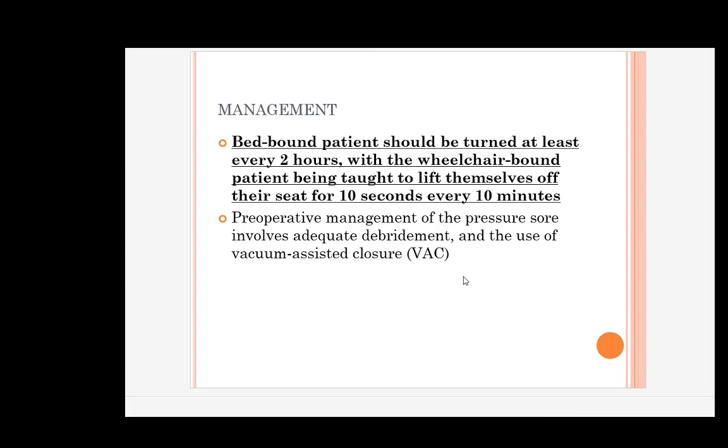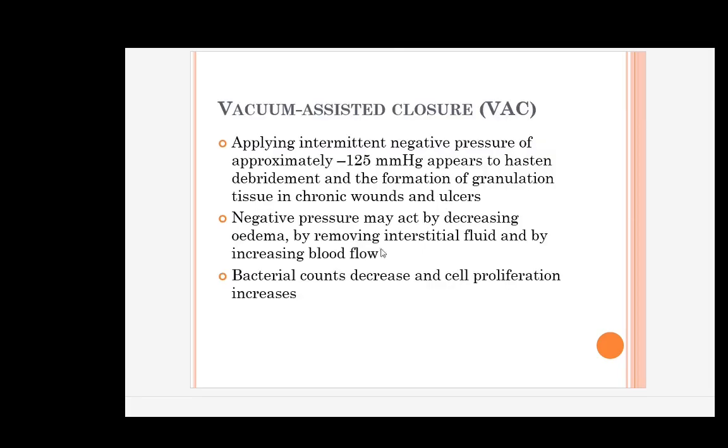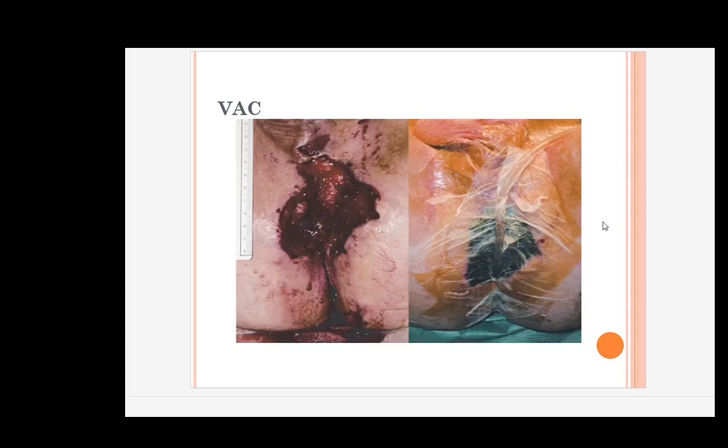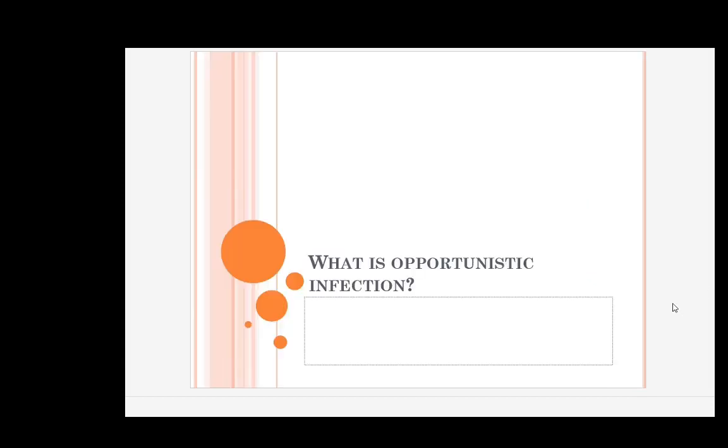So these key things you should write in your short answers, or for that matter long answers. I'll not really go into how vacuum assisted closure is done. Just to show you, this is how the pressure ulcer was, and after the VAC system has been applied, this is how it looks.